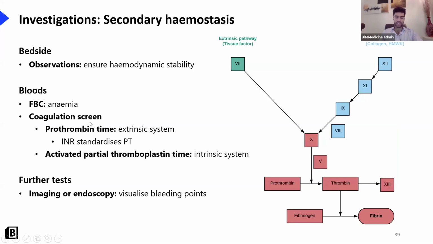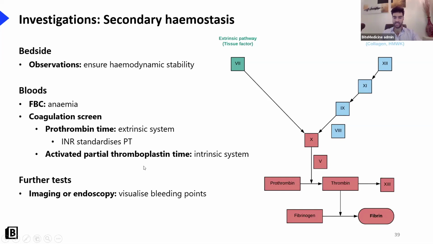The coagulation screen or the clotting screen, that's where your money's at. So you want to check the prothrombin time and the activated partial thromboplastin time. This is known as PT, and this is known as APTT. The PT looks at the extrinsic pathway, which is factor 7 all the way down to formation of the fibrin clot.